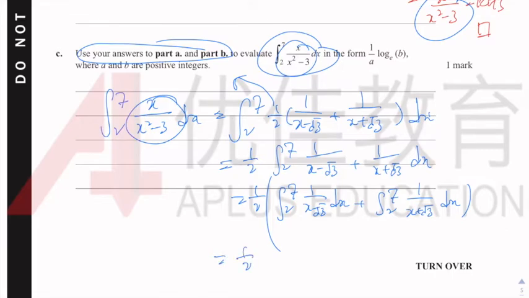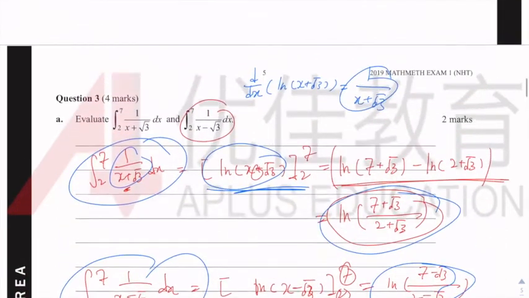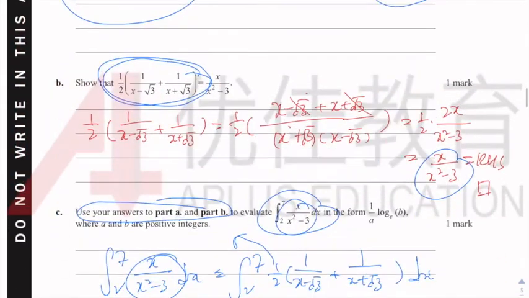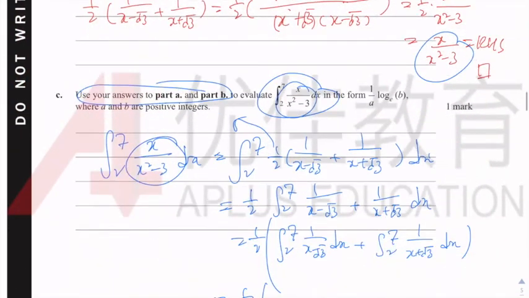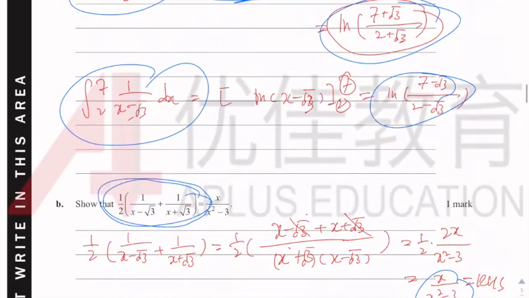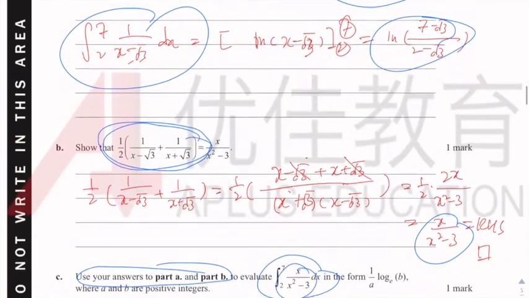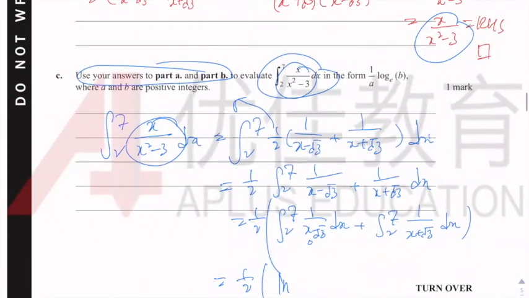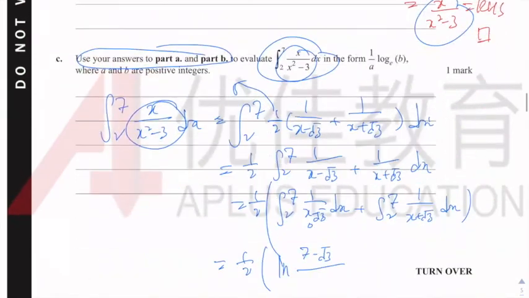And then that's half, with the answers from A. So that's ln of 7 minus square root of 3 over 2 minus square root of 3, plus ln of 7 plus square root of 3 over 2 plus square root of 3.